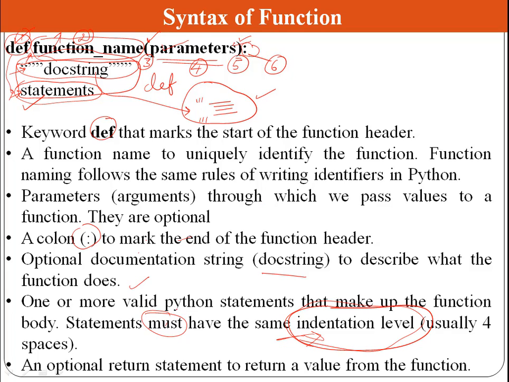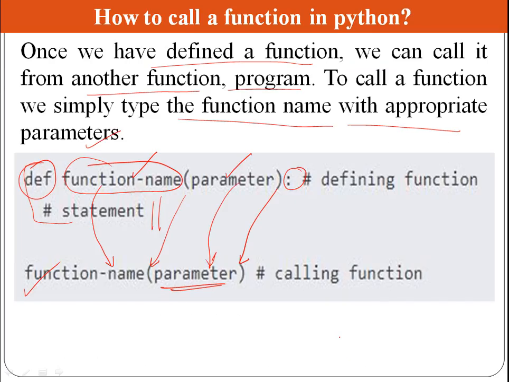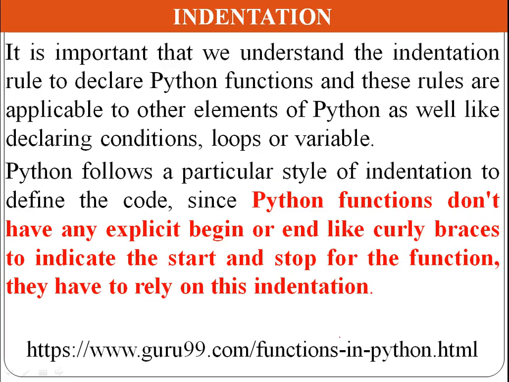It is important that we understand the indentation rule to declare Python functions, and these rules are applicable to other elements of Python as well, like declaring conditions, loops, or variables, as we have already discussed.